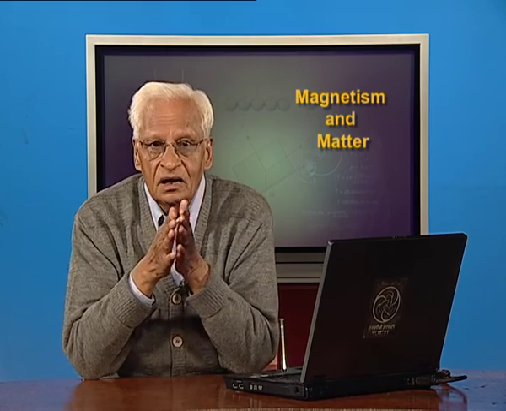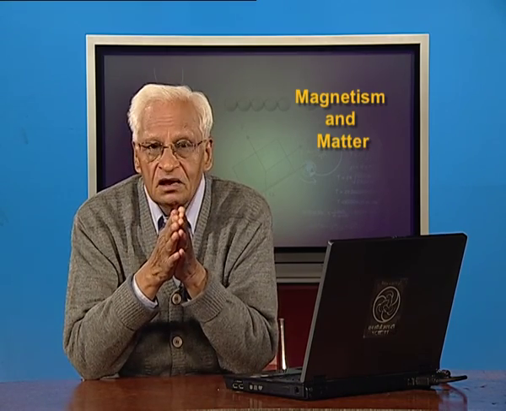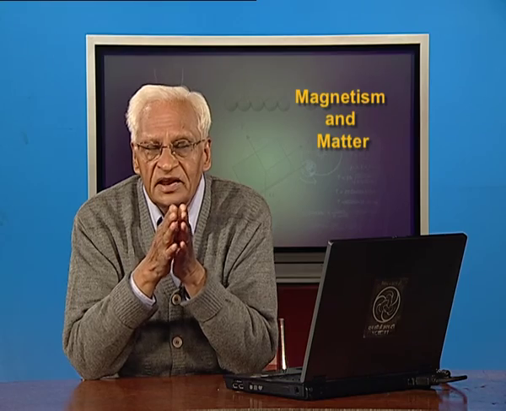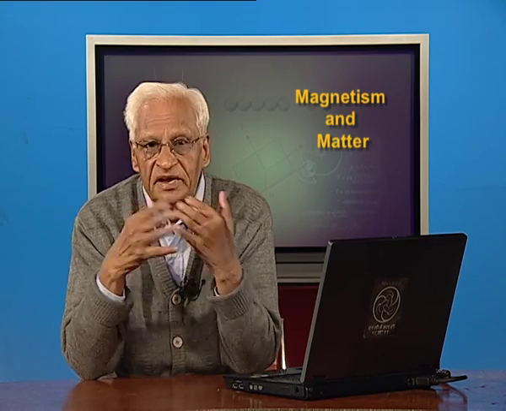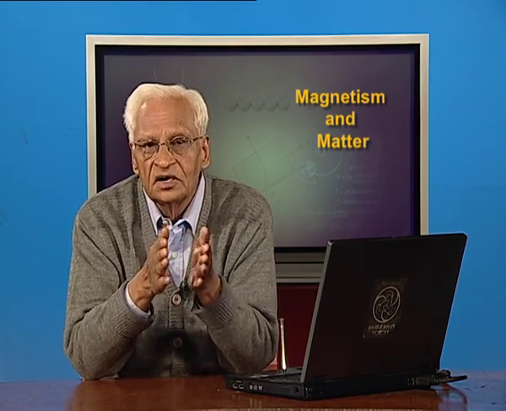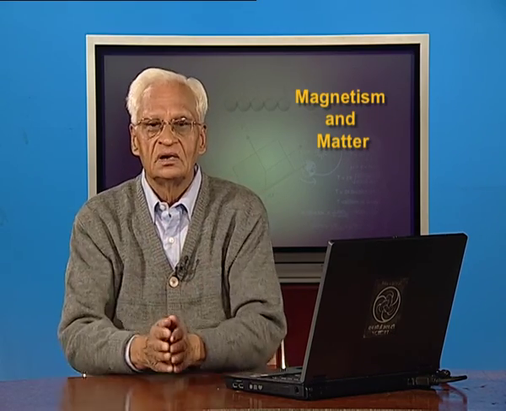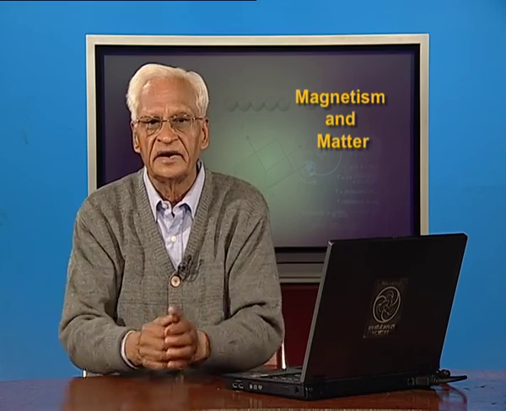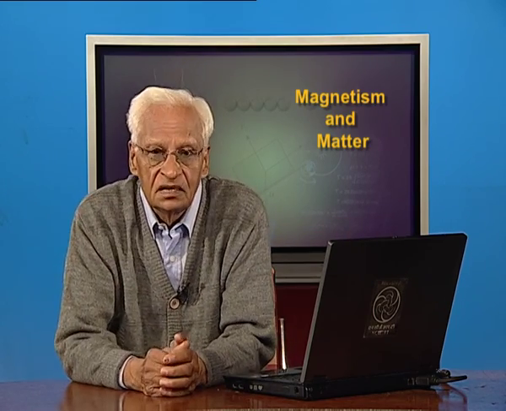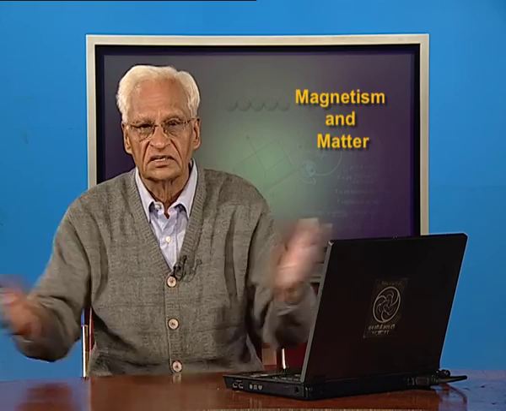So, in this lecture we saw a very important and very interesting, to me at least, topic of Earth's magnetic field, how it varies and how it could reverse, and it has reversed in the past several times.